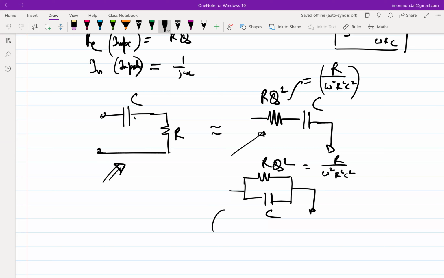In this case, if R equal to 0, 1 over j omega C. So which one do you think is a more accurate approximation? The series or the parallel one? The parallel one, right?